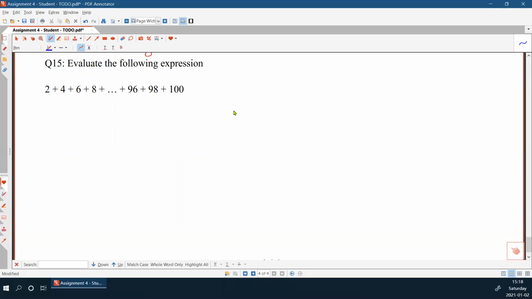So the difference between two consecutive terms is equal. Okay. To calculate the expression like this, we can let the expression be x.